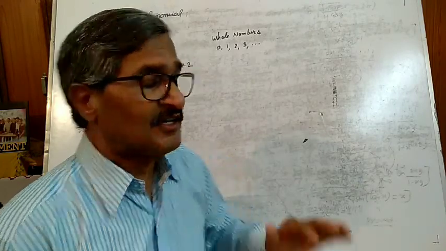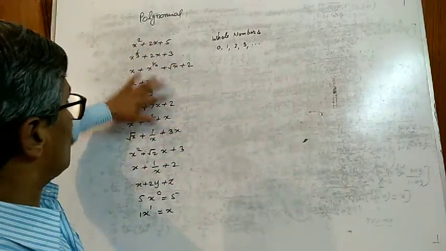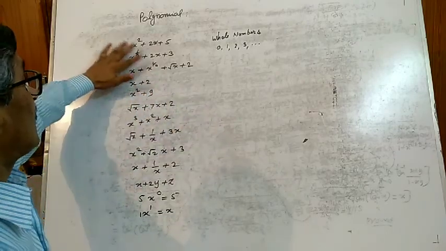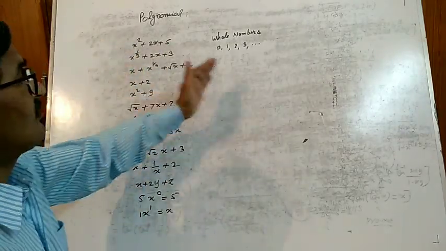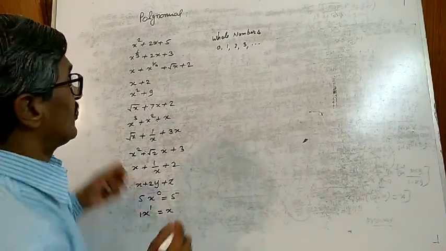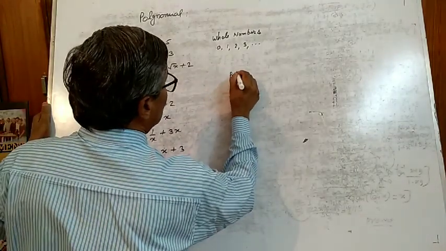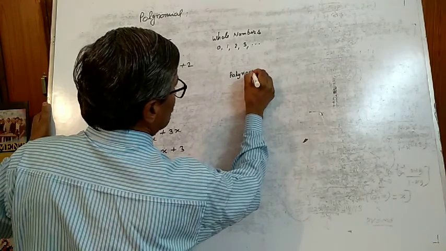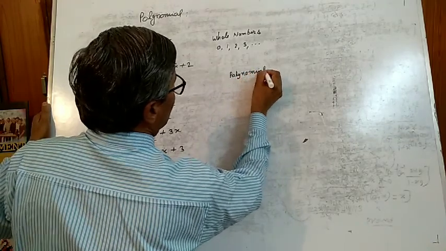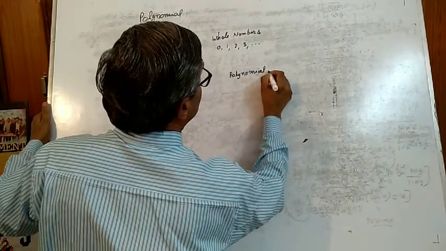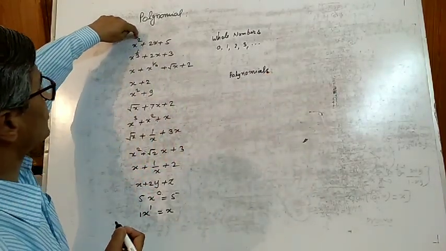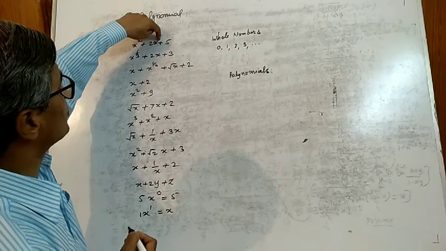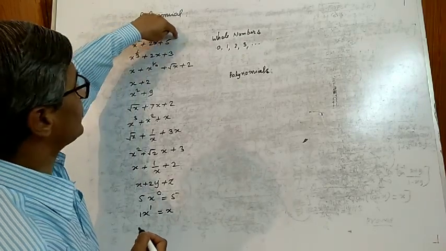Now out of these algebraic expressions you can take out polynomials. What are the polynomials here? Here you see exponent is 2, here exponent is 1 and here exponent is 0.